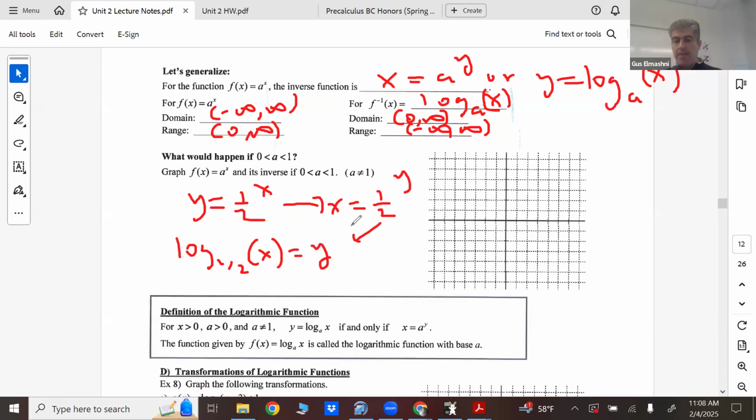So if you do that, that gets a little weird. If I plug in 1, 0, -1, it's going to look like this: 1/2, 1, and 2. So it'll look like that.